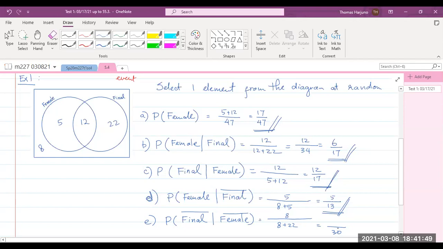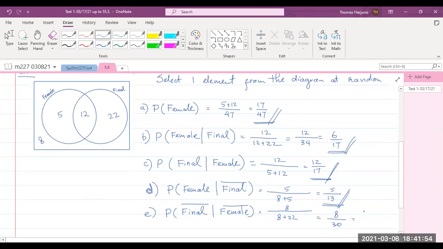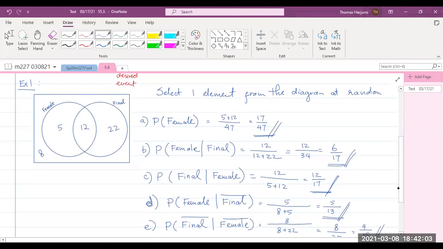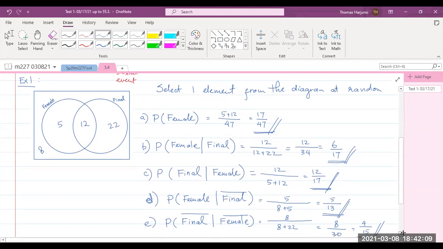There are 8 of them, right? So reduced by 2, that's 4 over 15. I hope you find this to be easy so far.